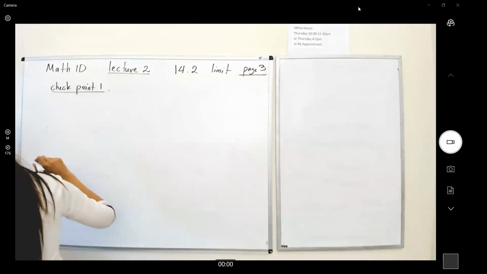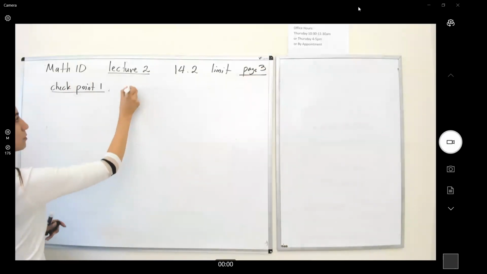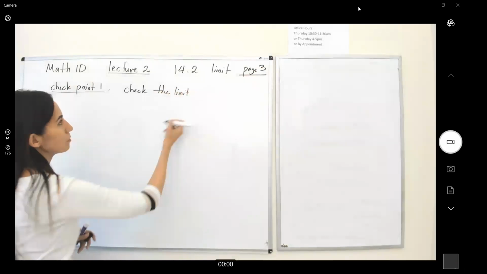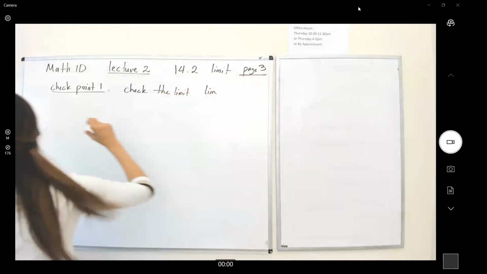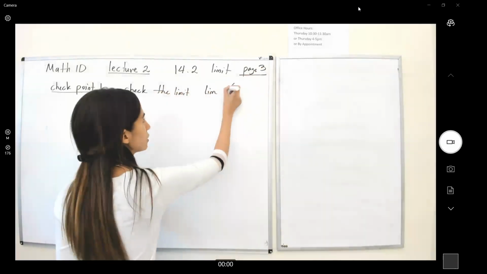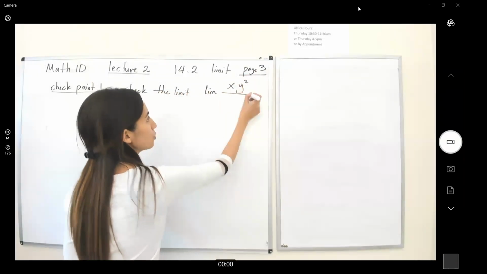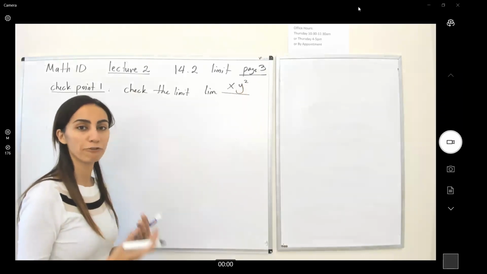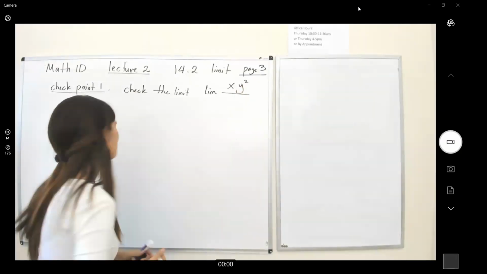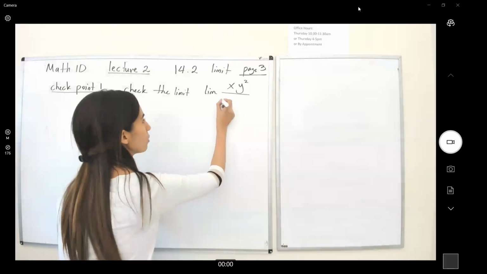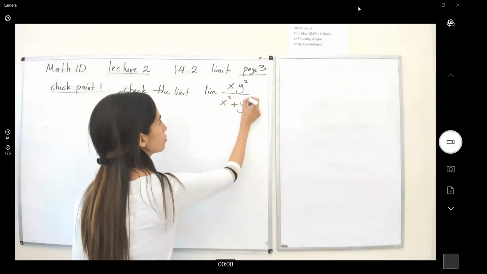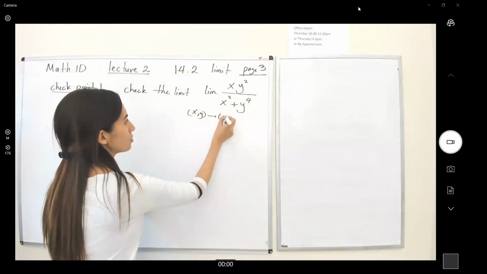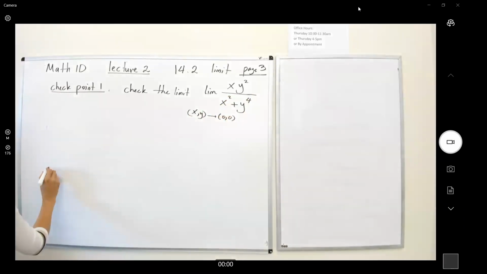It says check the limit of the function x y squared. Now you have different powers, so try to figure out which function is more appropriate here, divided by x squared plus y to the fourth, as x and y go to 0, 0. And checkpoint 2.